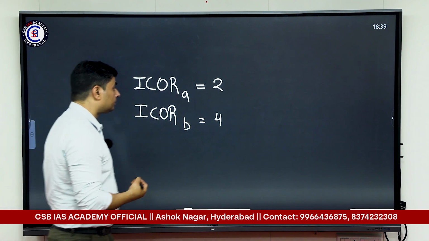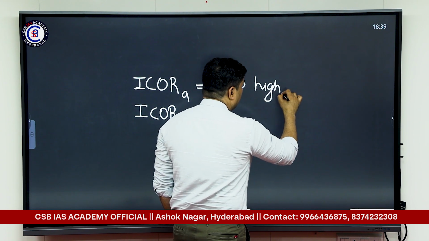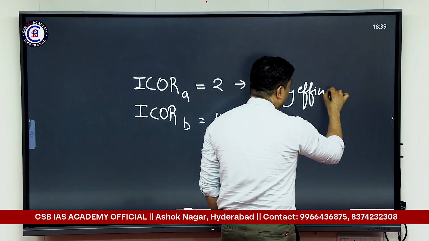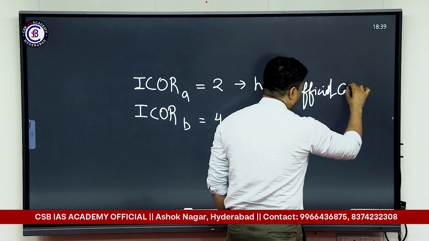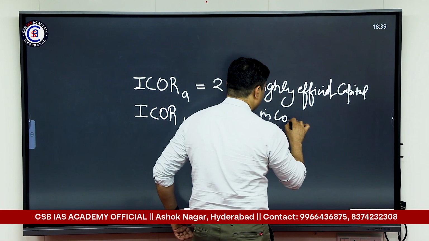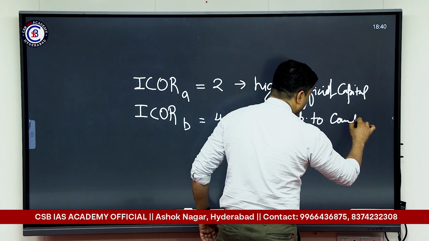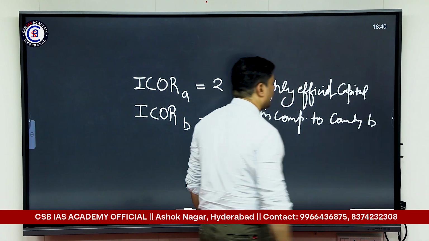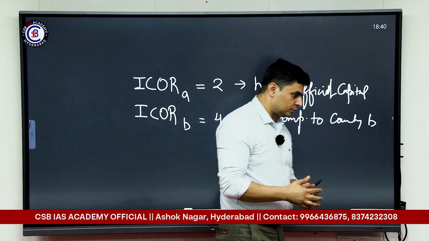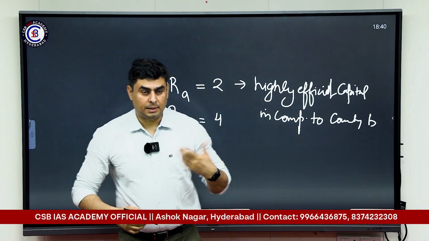It shows that country A has highly efficient capital in comparison to country B. So country A has more efficient capital investment in comparison to country B.